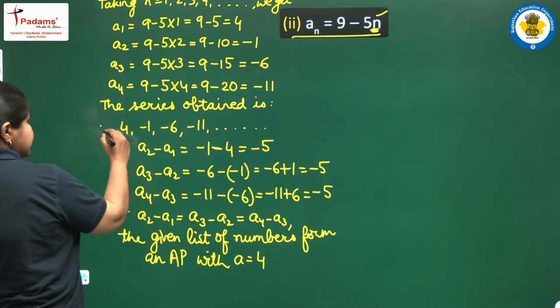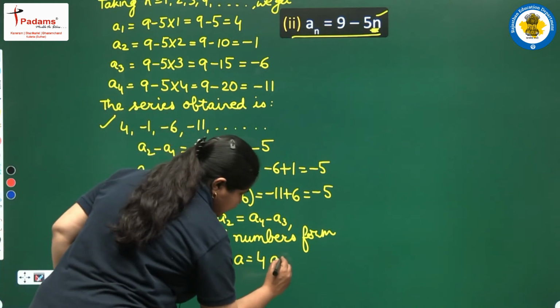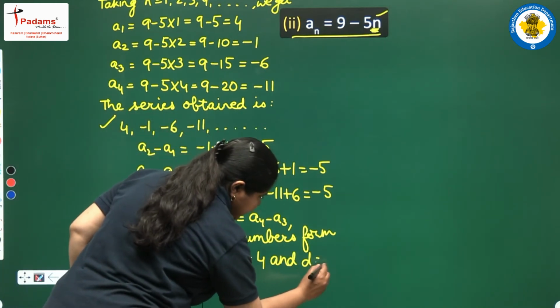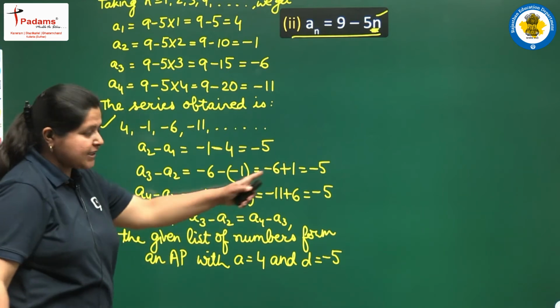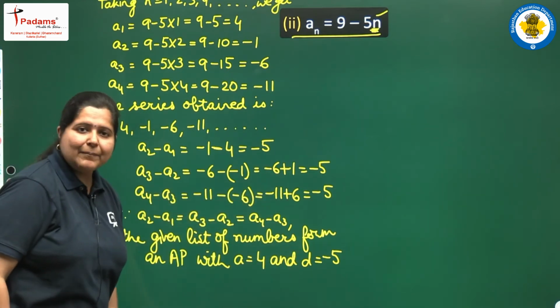You can see first term is 4 and common difference D, it will be equal to minus 5. देखिए आप, सभी के बीच में difference है minus 5, तो common difference हो गया minus 5.